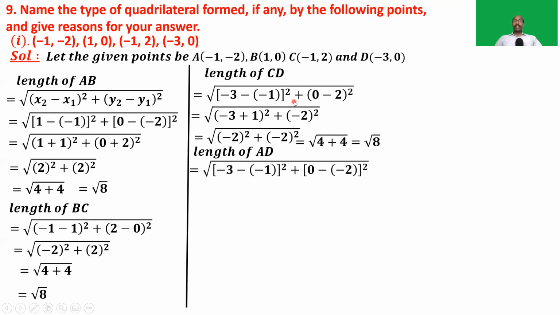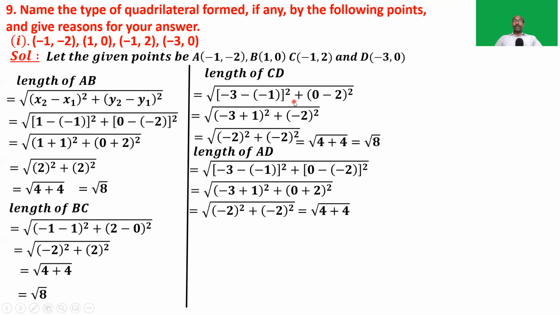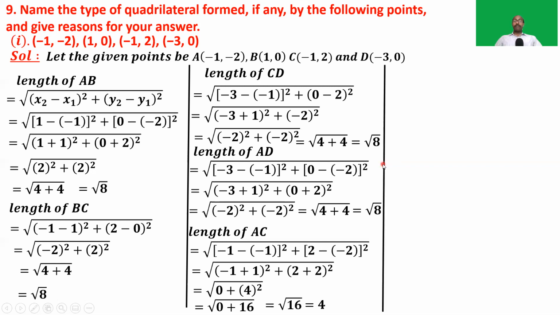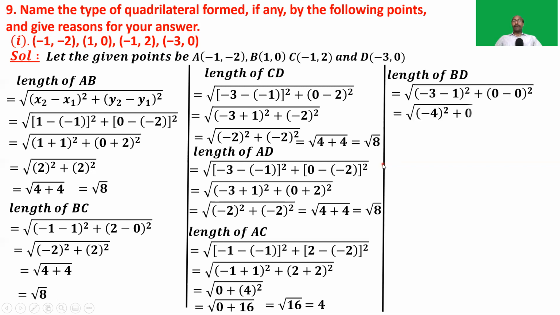And length of AD is also equal to root 8 units. And now length of the diagonals. Length of AC is equal to root 16, that is 4 units. And length of BD is equal to root 16, which is equal to 4 units.